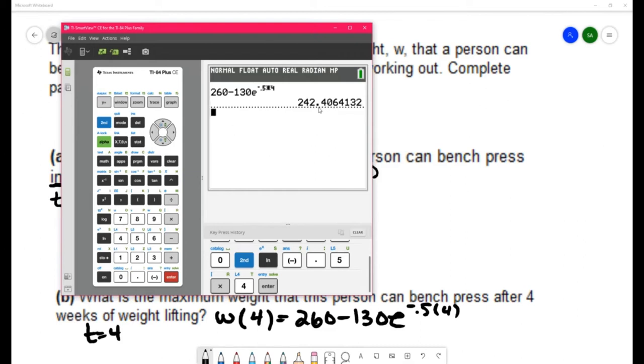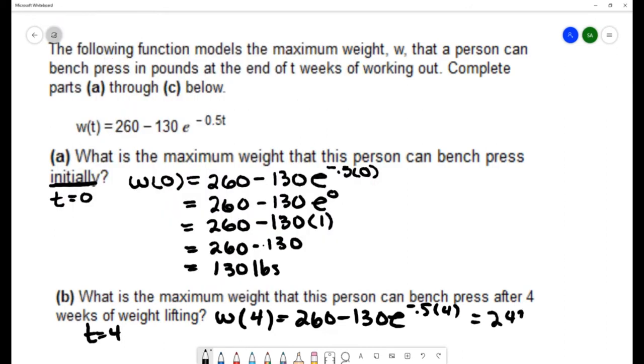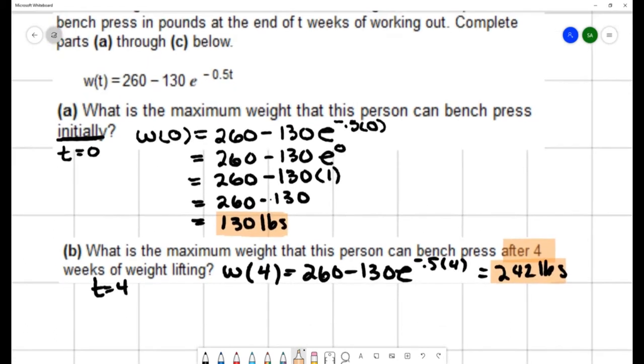We're going to round to the nearest whole number, 242 pounds. So after 4 weeks of training, we've been able to increase how much we can lift.